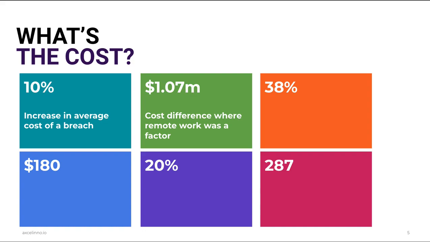The other part of this, which is important to look at, and we'll dive into this a little bit further in one of the other numbers, is that organizations that had more than 50% of their workforce working remotely took approximately 60, actually 58 days longer to identify and contain breaches than those that had 50% or less working remotely.